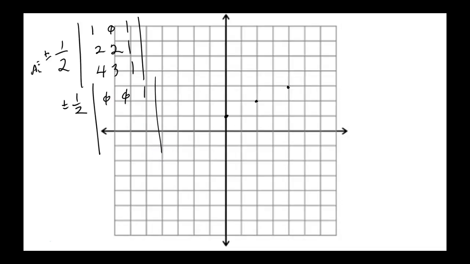That would be a 1, and that would be a 3. This would be a 2, and a 3, and a 1, and a 1. Okay. Doing that, plus or minus 1/2 times. Take the 1 times.